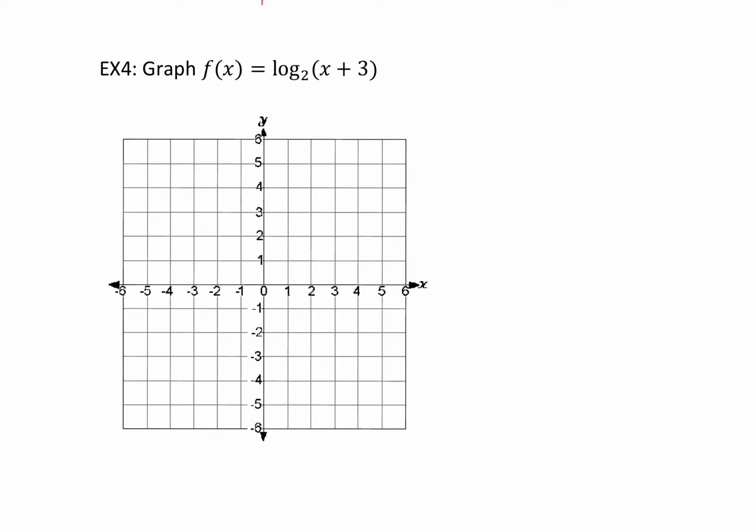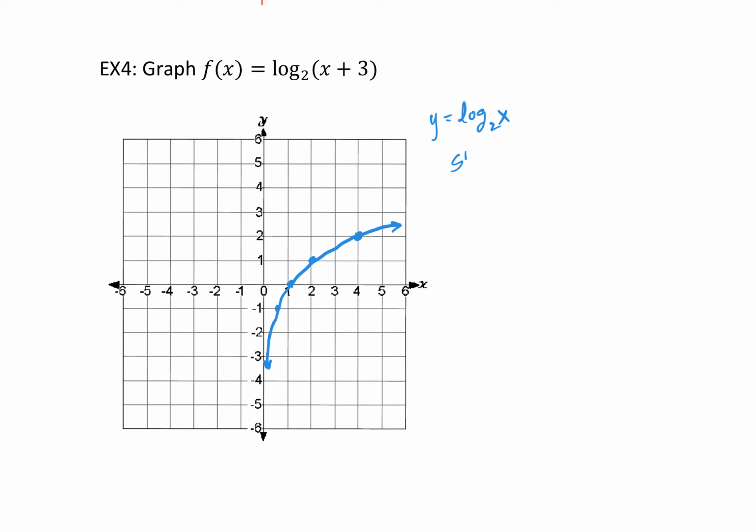Let's go ahead and look at our y equal to log base 2 of x. Again, that was our basic or parent function. It's going to pass through 1, 0; 2, 1; 4, 2. It's going to go this way, and then half, and then it gets closer and closer to that y-axis.